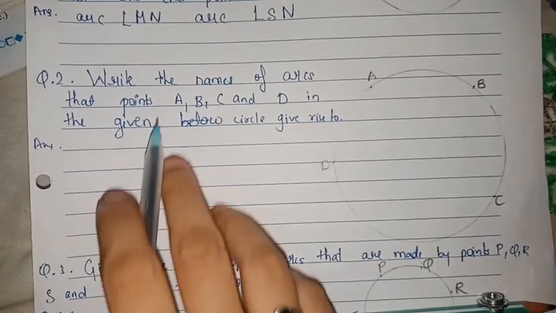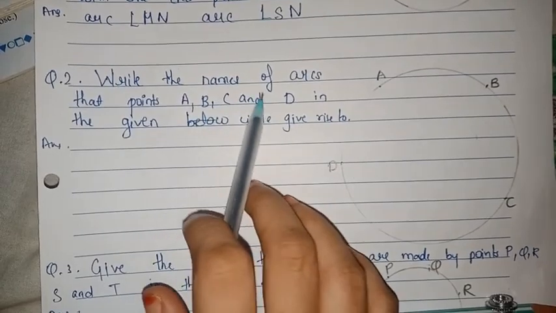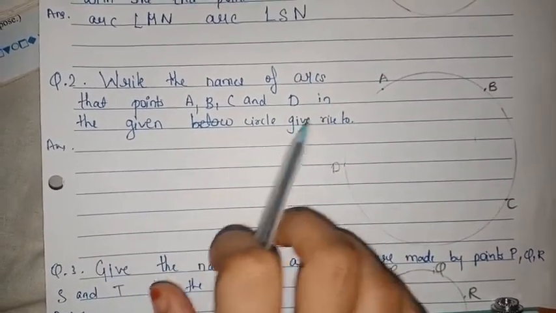Second question is, write the names of arcs that points A, B, C and D in the given circle give rise to.